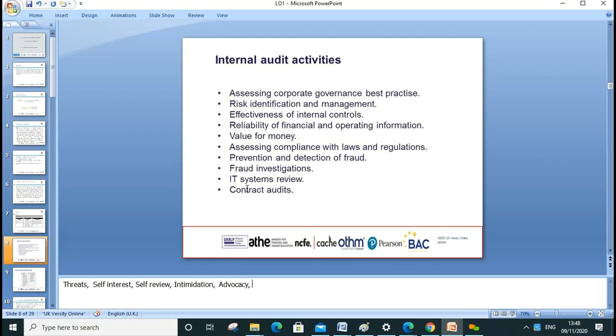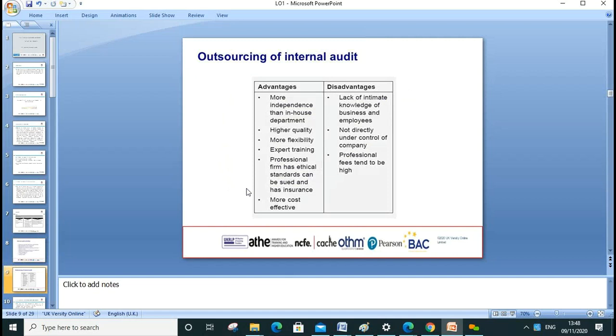So these are the threats: self-interest, self-review, intimidation, advocacy, and familiarity. If you're quite familiar, you need to make sure we give an independent opinion, not a close relationship. So independent people can be selected. IT systems and contract audit, we need to go through all of these.